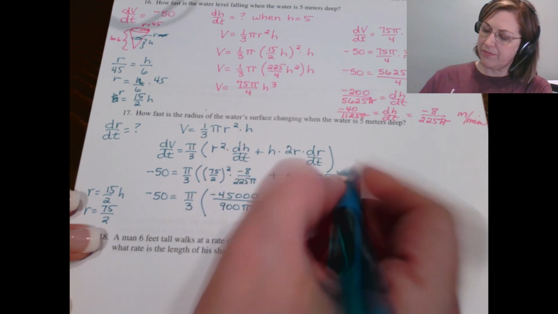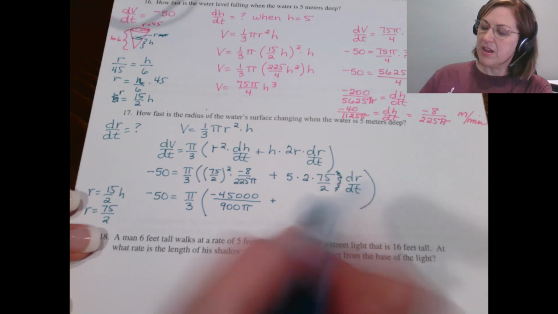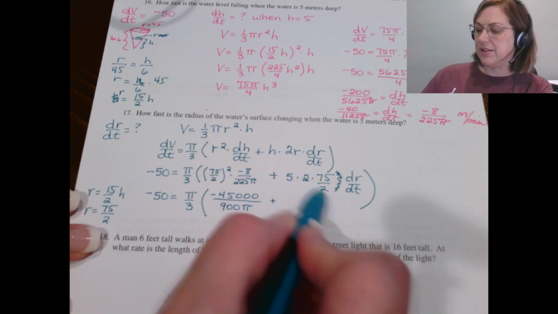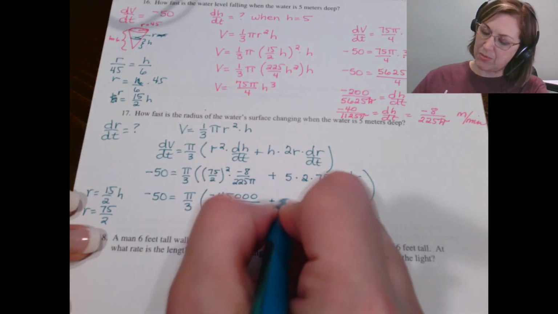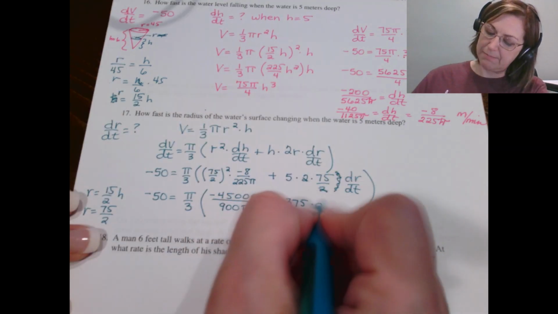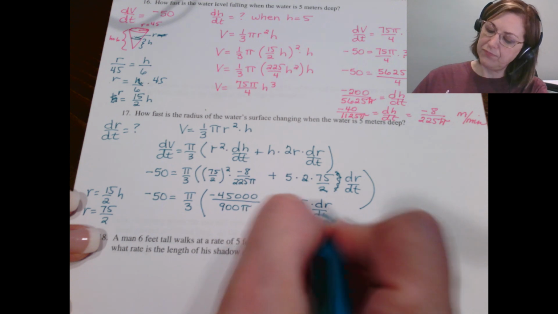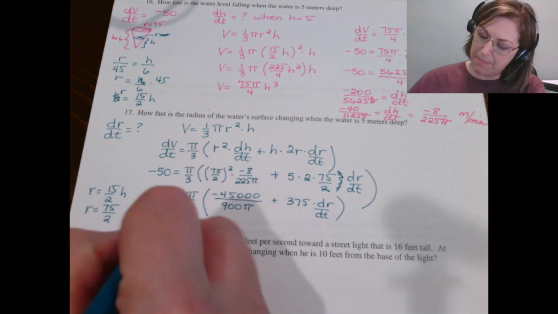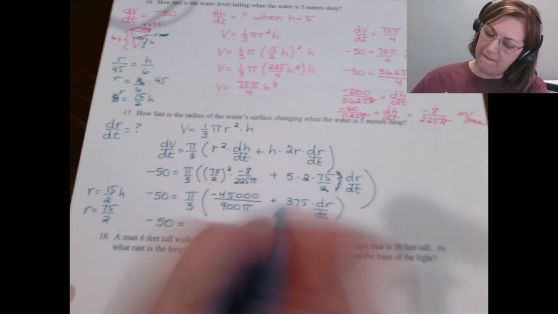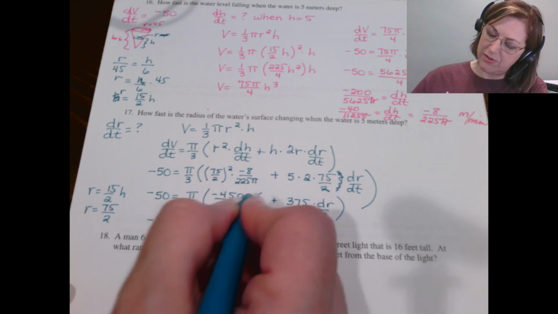Then here, forgive me, that should be there. I've got the 2's canceling, so I've got 5 times 75, and that gives me 375 dr/dt. I would probably distribute the pi over 3 now. Let me cancel these first.